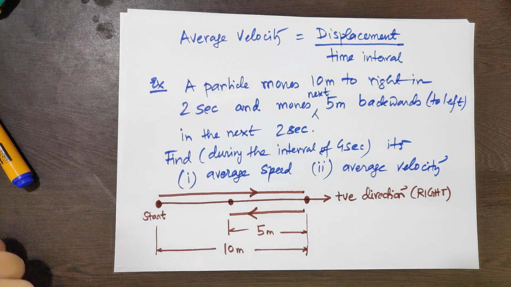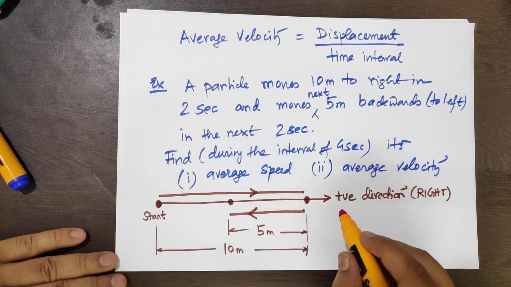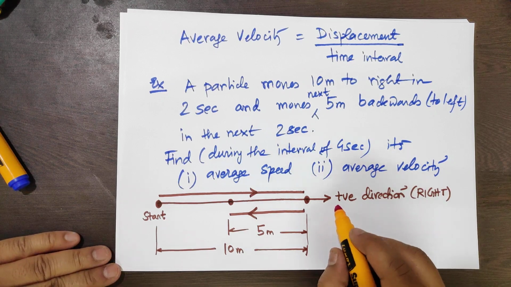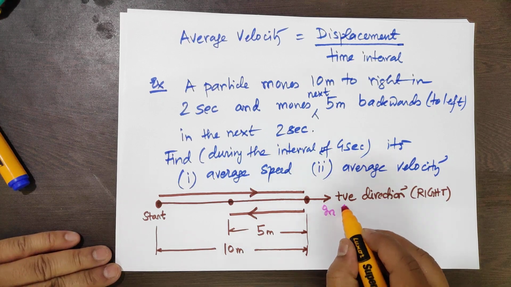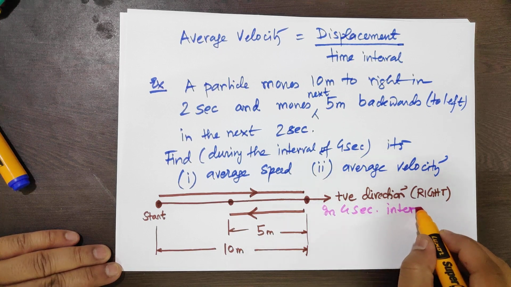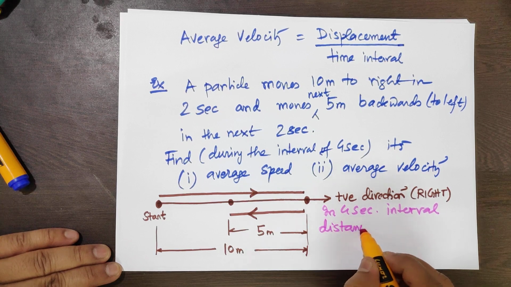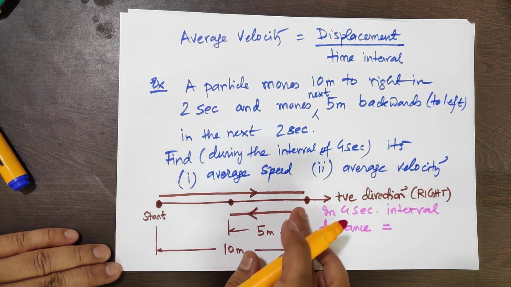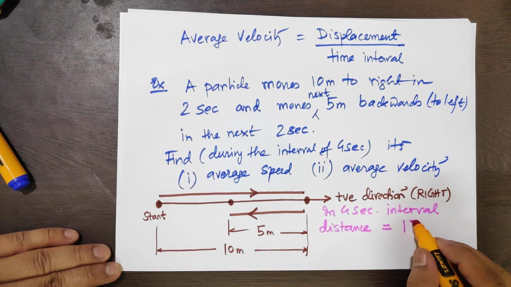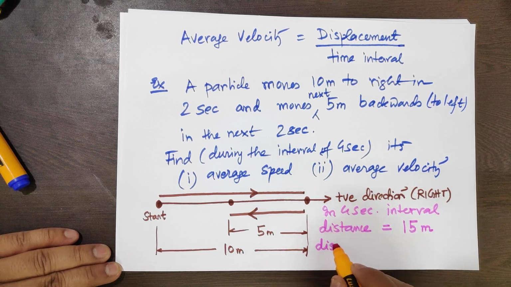Okay, so what is the total distance traveled? In the 4-second interval, distance traveled is how much? This 10 plus 5, 15 meter. Okay, now what is the displacement?